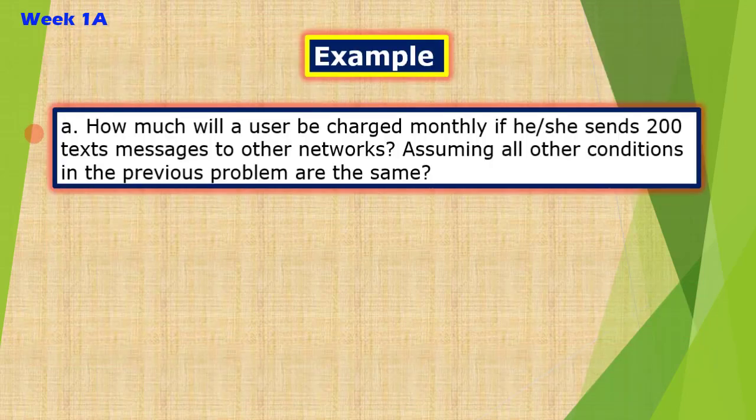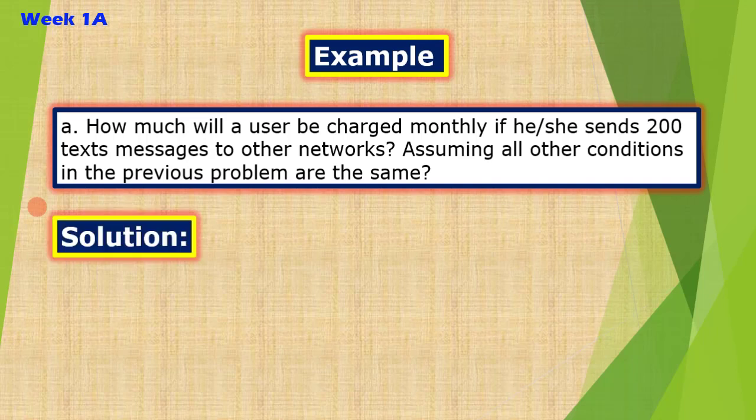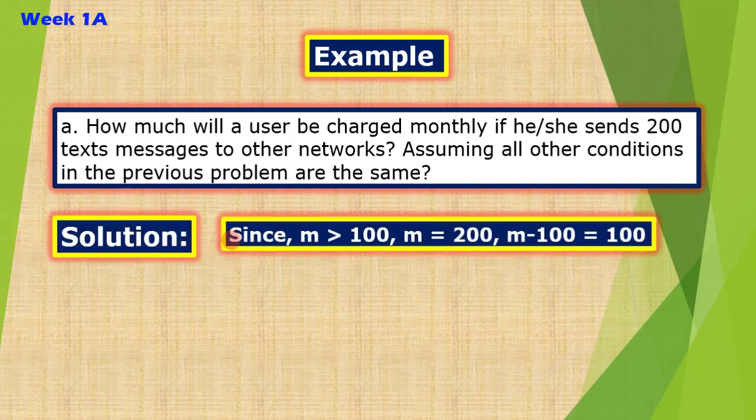So for example, letter A: how much will a user be charged monthly if he or she sends 200 text messages to other networks, assuming all other conditions in the previous problem are the same? The solution: since M is greater than 100, in this case M is given to be 200 text messages sent to other networks in a month.